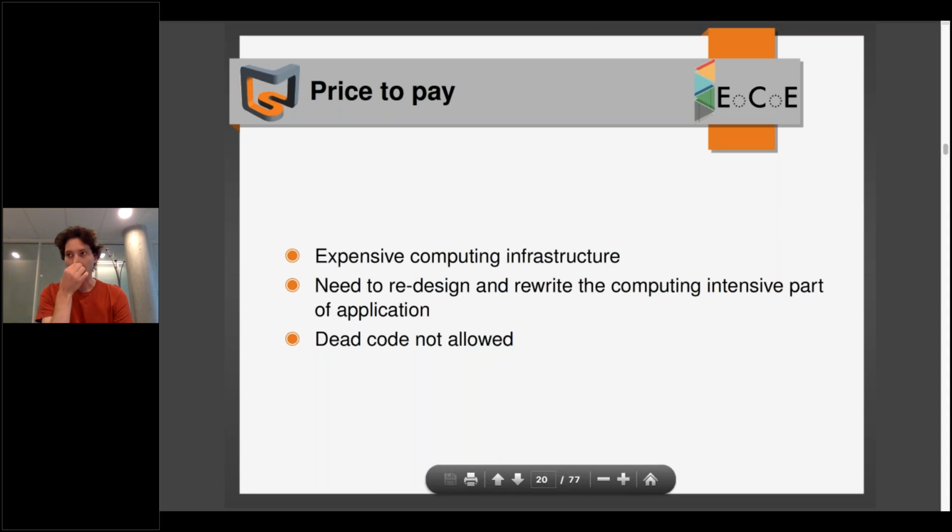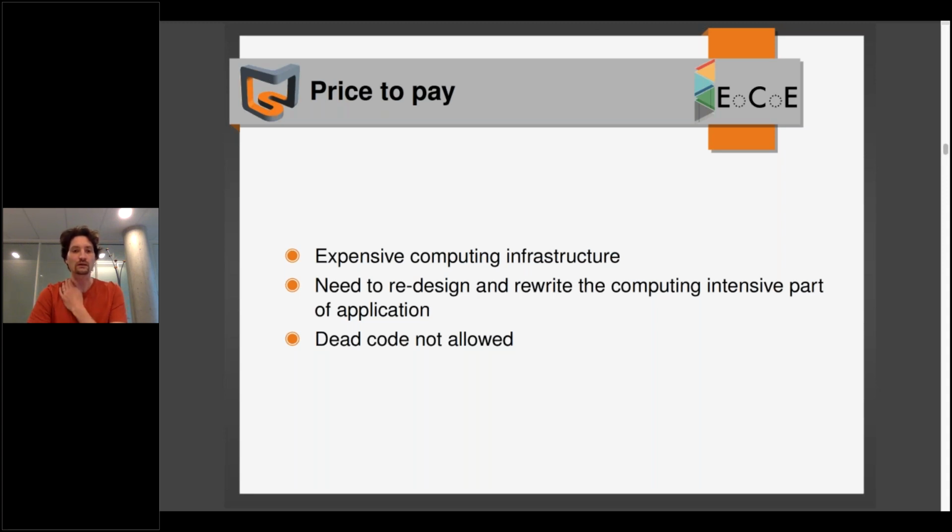There is a price to pay, of course, as you will see. The computing infrastructure is more expensive than the current CPU or GPU infrastructure. I don't have details here, but this might change in the future. Also, the critical component has to be completely rewritten and redesigned in another language.